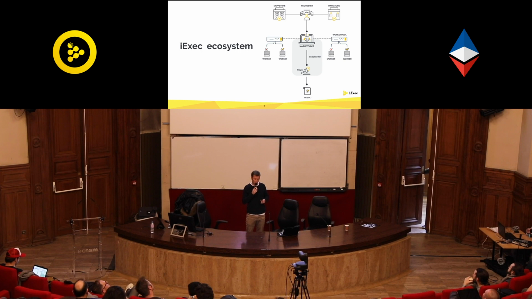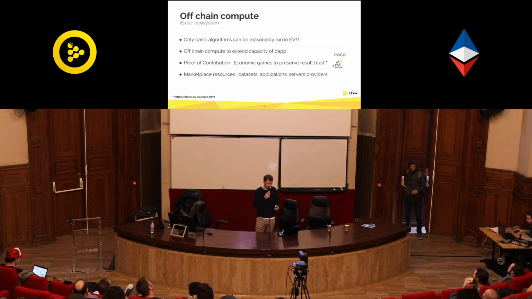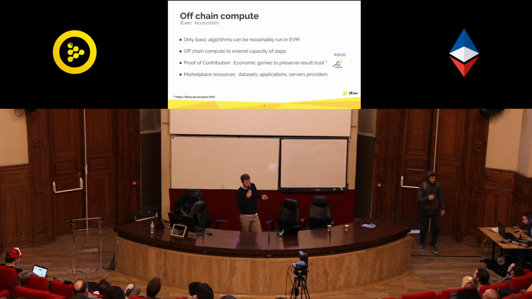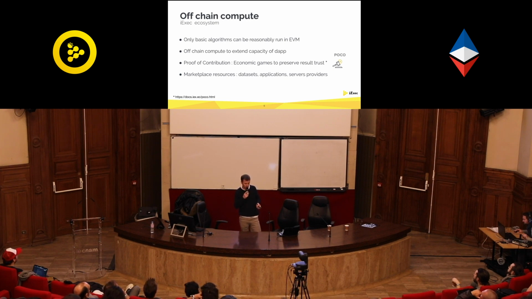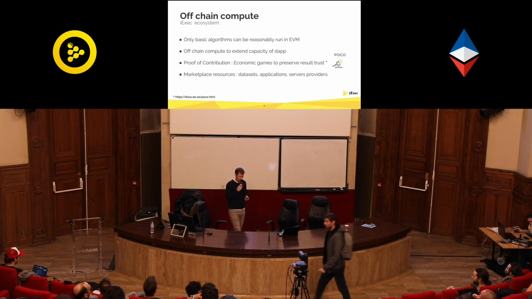So it's an overall overview of the ecosystem. And to sum up, with off-chain compute, you can extend your dApps' capacity. And on top of that, we add an economic game to preserve the trust of the result. And we use the blockchain to create this kind of marketplace for dataset, application, and server providers.